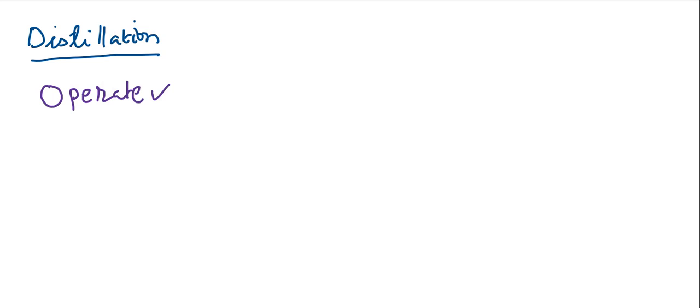So, a simple distillation tower. This is the shell of the distillation tower. It is not to scale, but to show it on the screen, I'm drawing it like this.